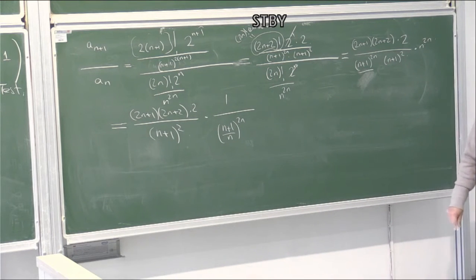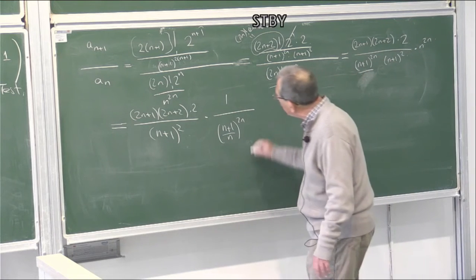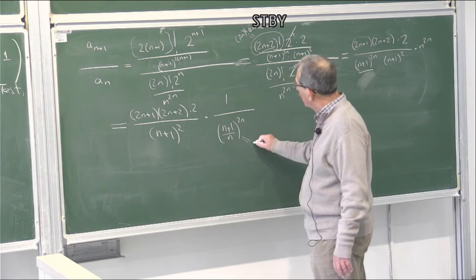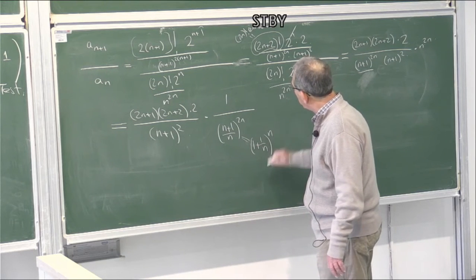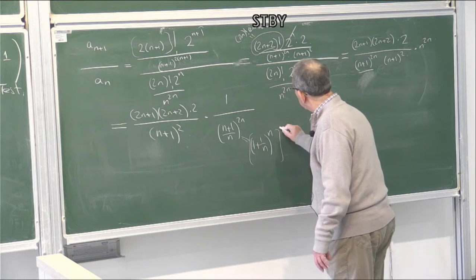I do this to put it into a more understandable form. This is, of course, (1 + 1/n)^n squared.